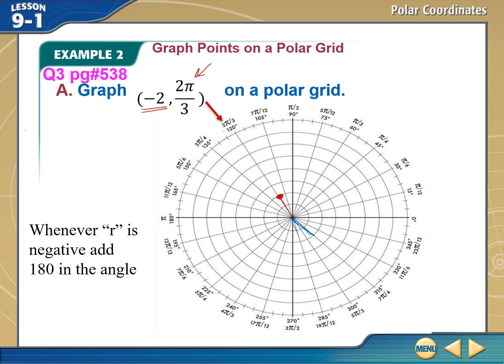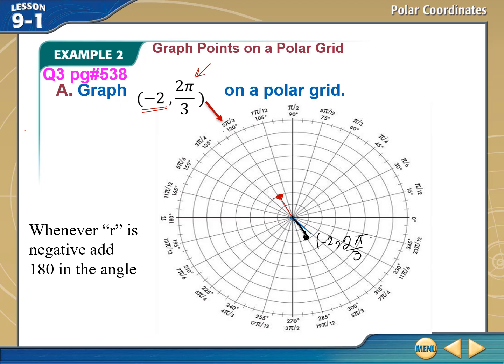You have to go straight, otherwise it will give you a wrong result. This is your point. The point should not be tilted, it should be straight. This gives you minus 2 and 2 pi by 3.